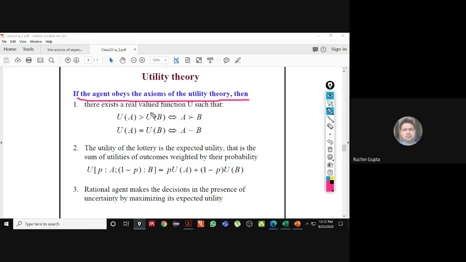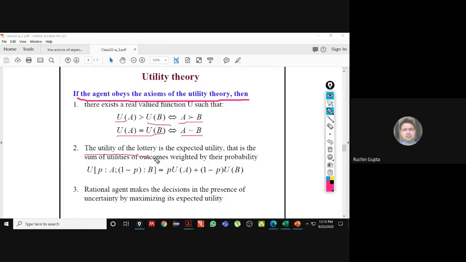So in that case, if the utility of A is greater than the utility of B, then the agent will prefer A compared to B. If the utility of A is equal to the utility of B, in that case the agent is not able to distinguish the difference between A and B. In that case, the agent can either choose A or it can choose B, right?